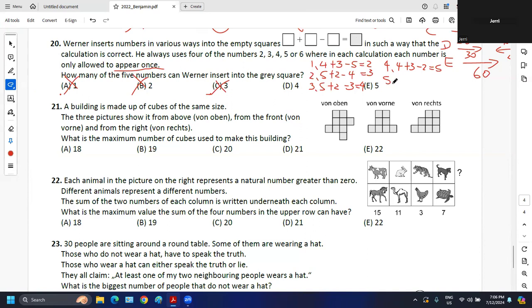And now, let's try 6. 5 plus 3 is 8, minus 2 is 6. Which means that D is wrong and E is the answer.